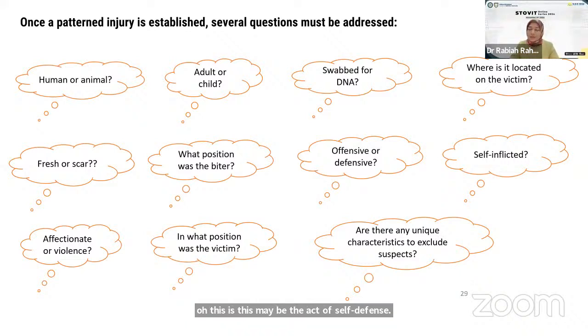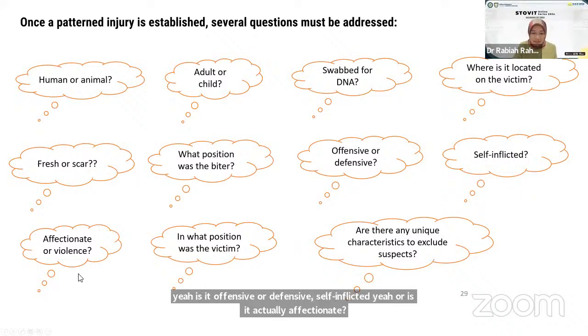That could help the forensic investigator. Is it offensive or defensive, self-inflicted, or is it actually affectionate, out of love, or is it violence? So all this we have to address.